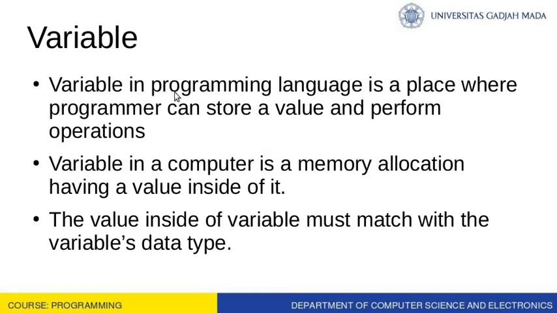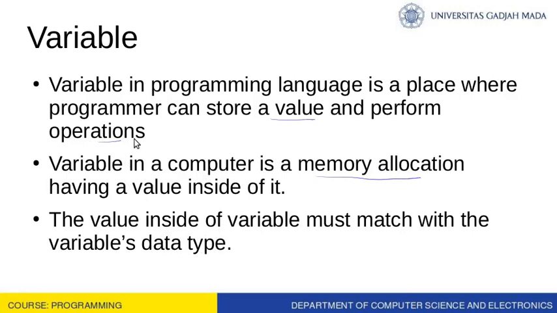A variable in a programming language is actually a place where the programmer can store a value and perform operations. The variable in a computer is a memory allocation having a value inside of it. The value inside of a variable must match the variable's data type.